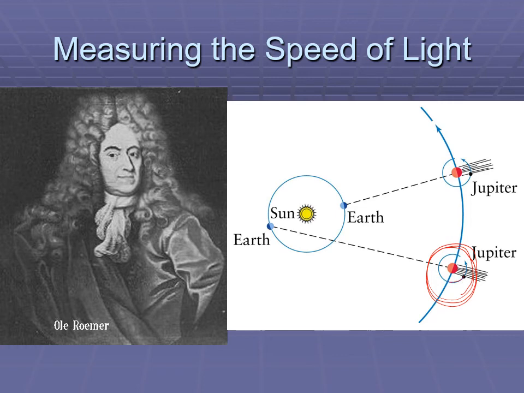So you see a moon going into the shadow behind Jupiter, and you know exactly how long it takes to go into the shadow again. And so you can calculate way into the future when this is going to occur.